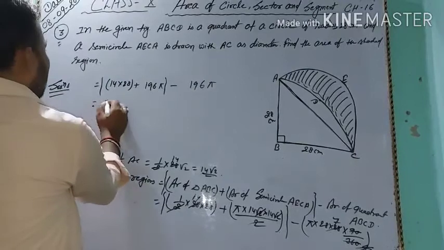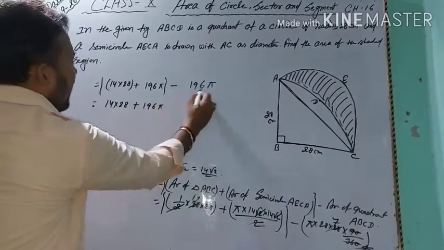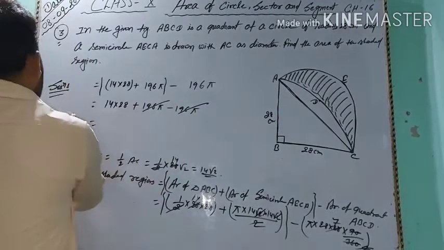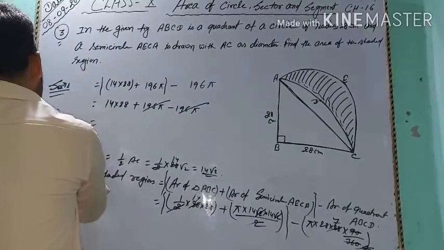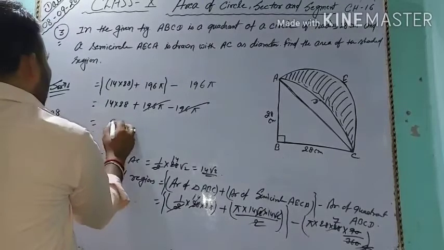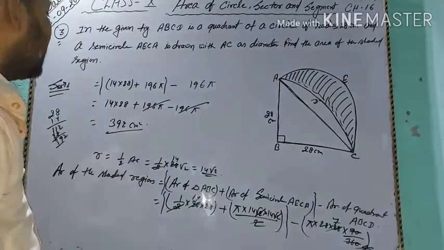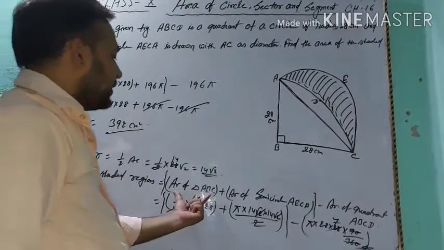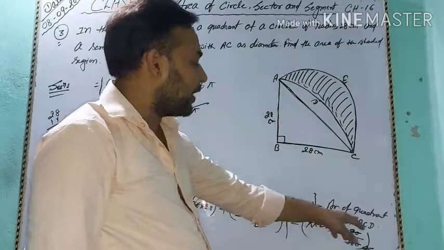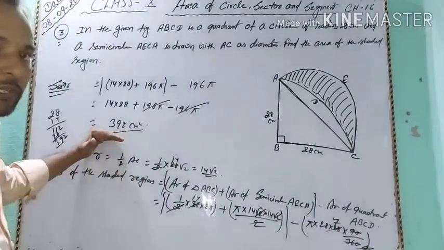Minus and plus cancel, leaving 28 multiplied by 14, which is 392 square centimeter. So the area of the shaded region equals area of the triangle ABC plus area of the semicircle AECA minus area of quadrant ABCD, that is 392 square centimeter.